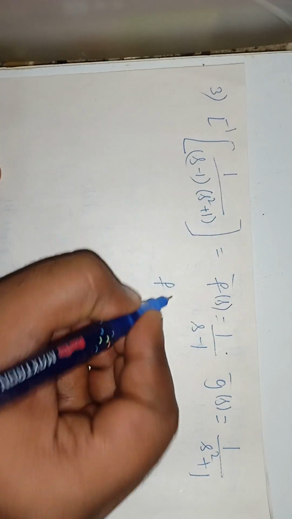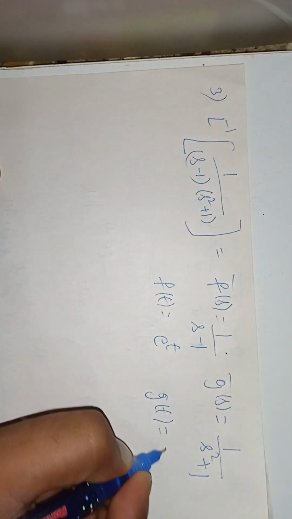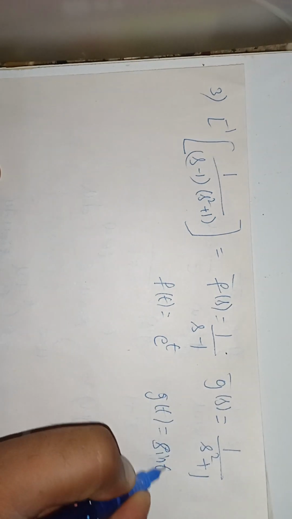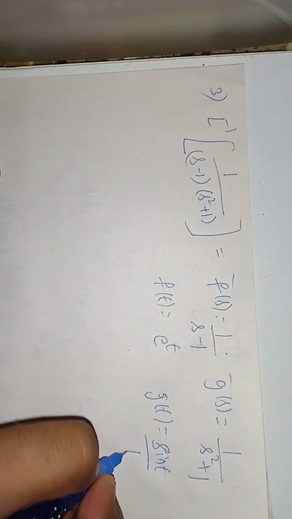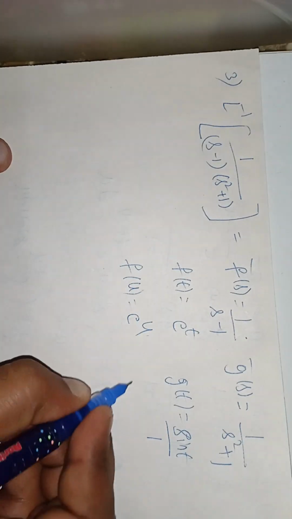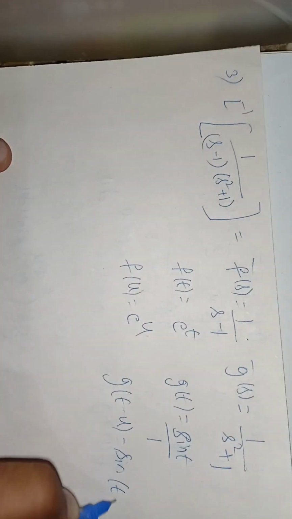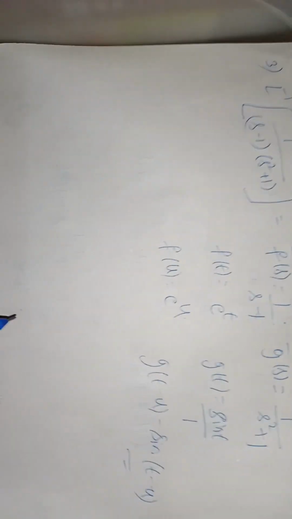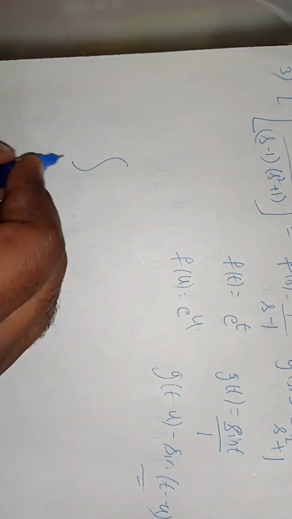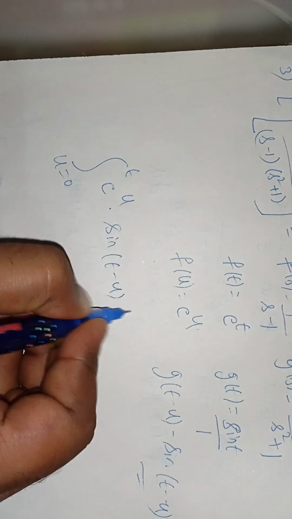So from this I can find out f of t, which is e power t, and g of t, which is sin t, and f of u is e power u, and g of t minus u is sine of t minus u. So if I put it in the convolution theorem, u varies from 0 to t, e power u into sine of t minus u du.